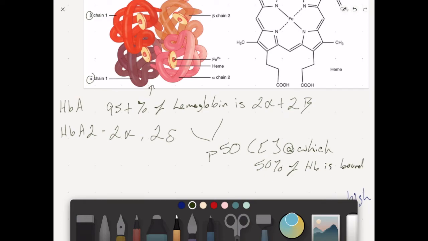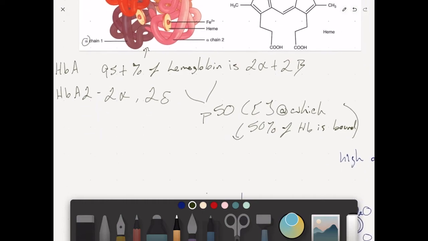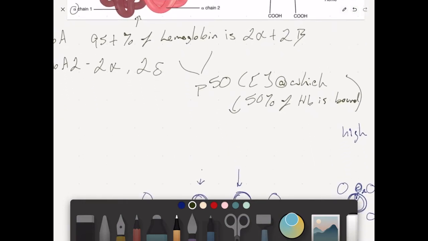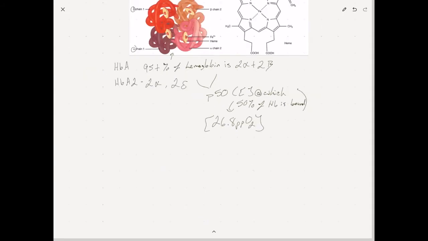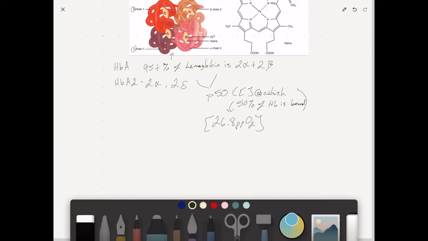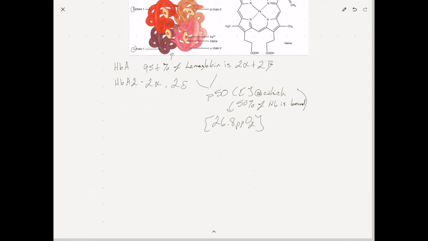So the concentration of oxygen at which 50% of these molecules will be bound is 26.8 partial pressure of oxygen. And we'll talk about partial pressure a lot more in the respiratory system, but for now just know that it is a measure of oxygen concentration in a solution.